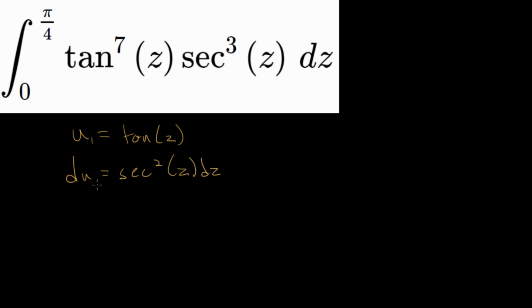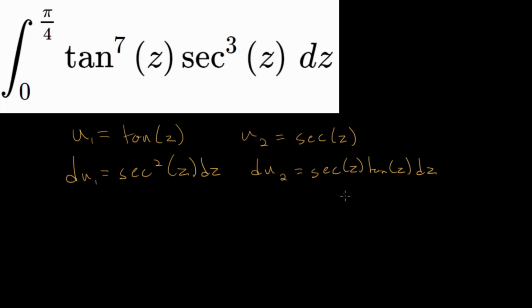Actually, we can call this u1. Or we could make the substitution, which we can say is u2, that u2 is the secant of z, and then du sub 2 would be secant of z tangent of z dz.